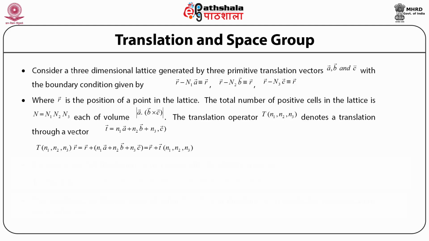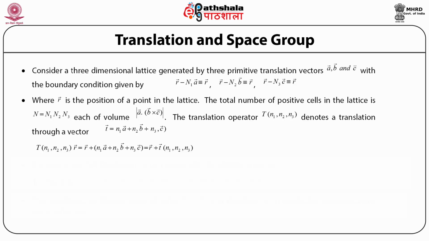Now we define a translation operator T as a function of these integers n1, n2, n3. So T(n1, n2, n3) denotes a translation through the vector T equal to n1 a plus n2 b plus n3 c.